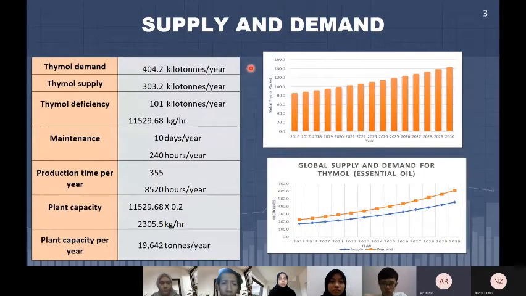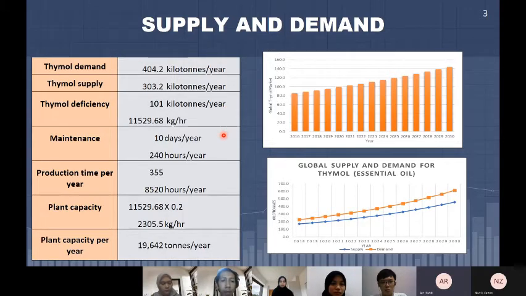So for the supply and demand, the global Thymol demand is 404.2 kiloton per year, and the Thymol supply is 303.2 kiloton per year, and the Thymol deficiency is 101 kiloton per year, which is the same as 11,529.68 kilogram per hour.